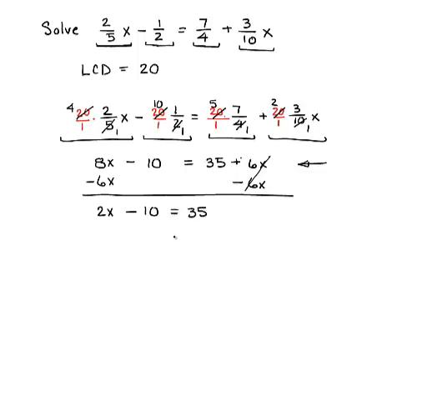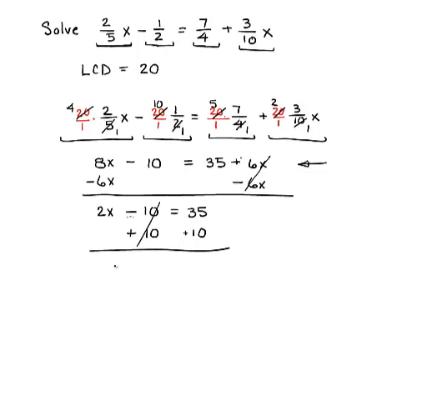Eventually, when you get very comfortable with doing this, you can do a couple steps in one line. But for now, we'll keep it this way. Then I'm going to get rid of my 10. So I add 10 to both sides. My 10's go away. I'm adding 10 because in the original equation I'm subtracting 10 there, so I want to do the opposite and add it.